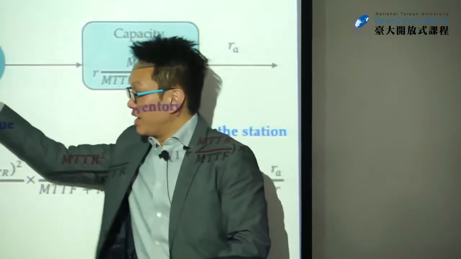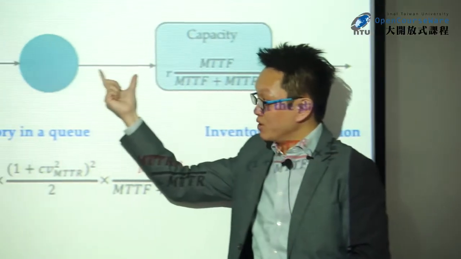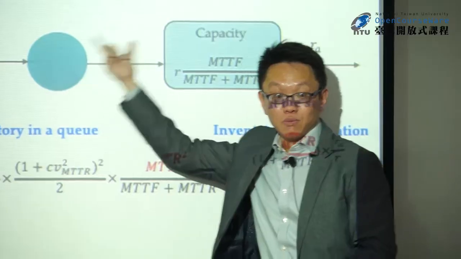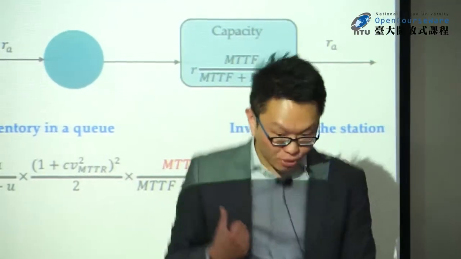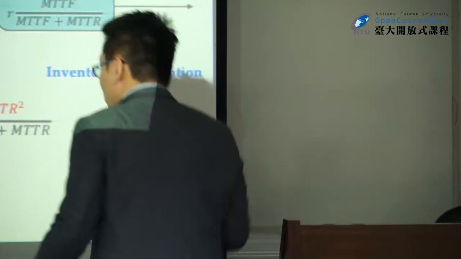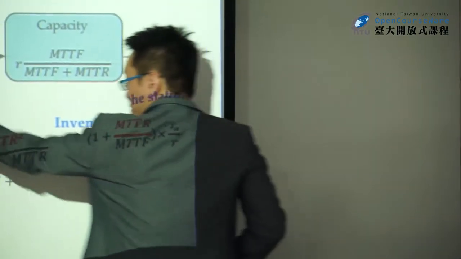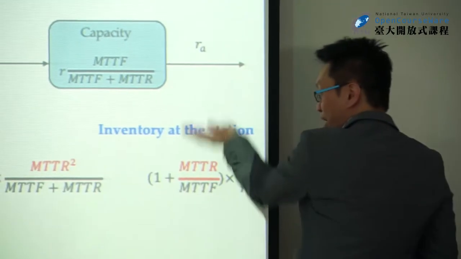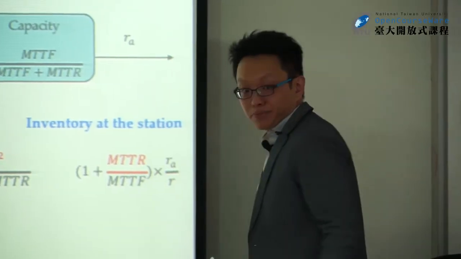Then you may get more inventory queue here for getting into further process, okay? So in this case, we have two inventories. One is inventory piling up here, the other is inventory piling up inside the station.